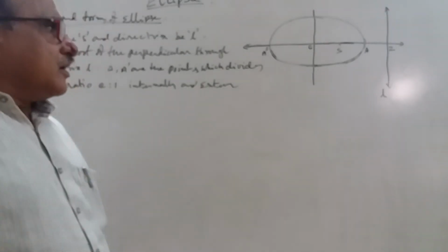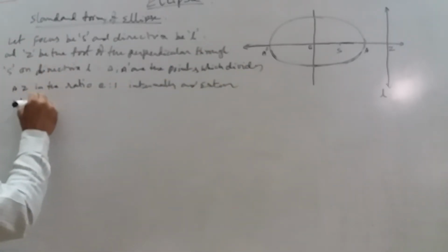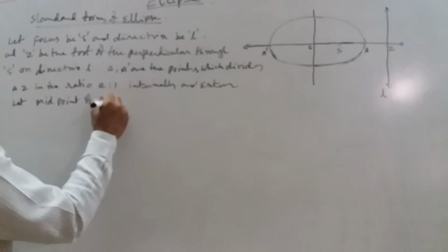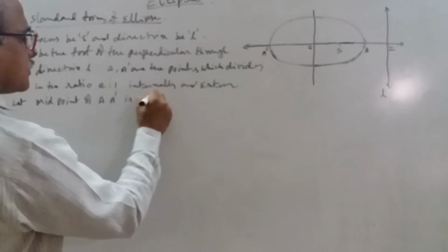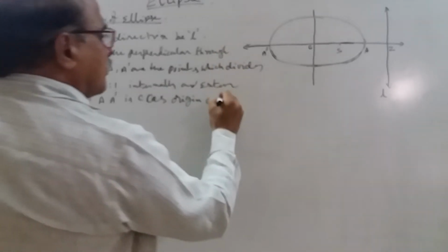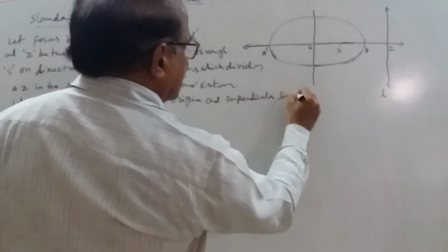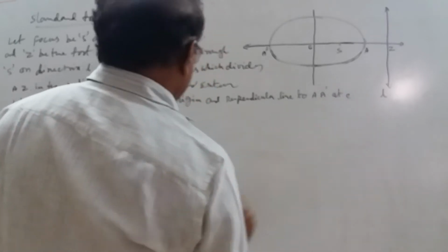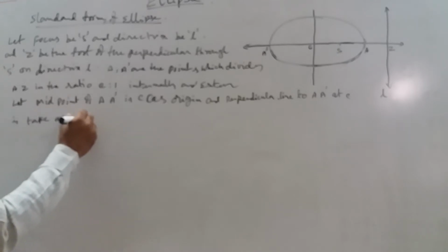Okay, now take the midpoint of AA dash as C, the origin, and the perpendicular line to AA dash at C is taken as the y-axis.